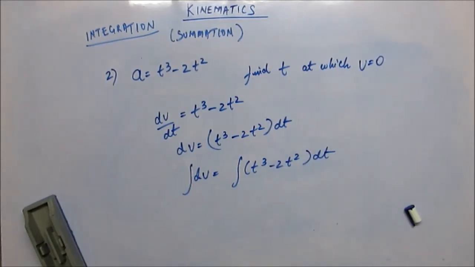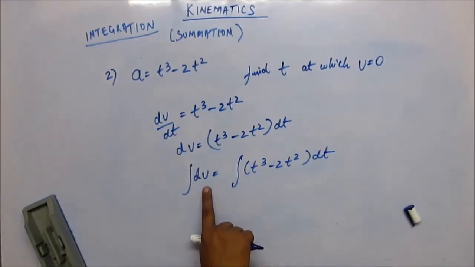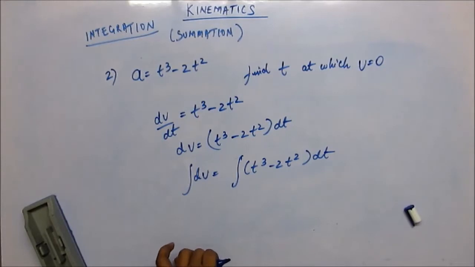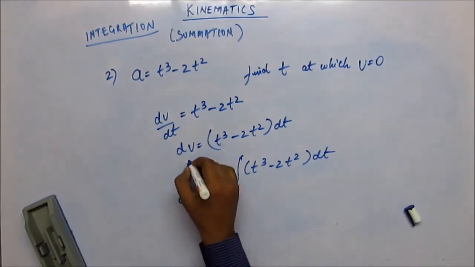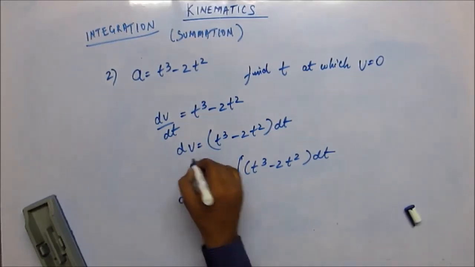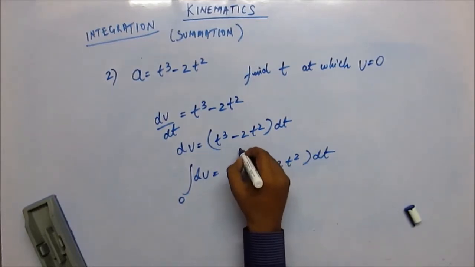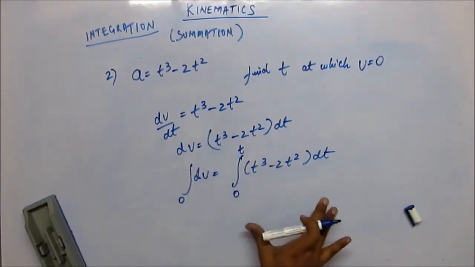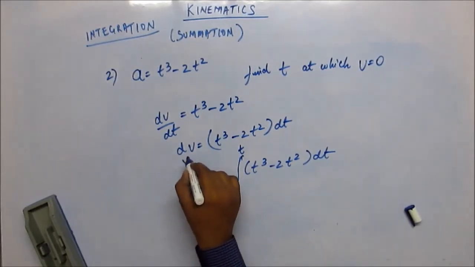So integrating both the sides, one thing that we didn't discuss is to put the limit of integration. For example, we are looking for velocity change from start up till the current time. So we are looking for velocity from t is equal to 0 to t is equal to t. And in that change, the velocity would be from 0 to v.